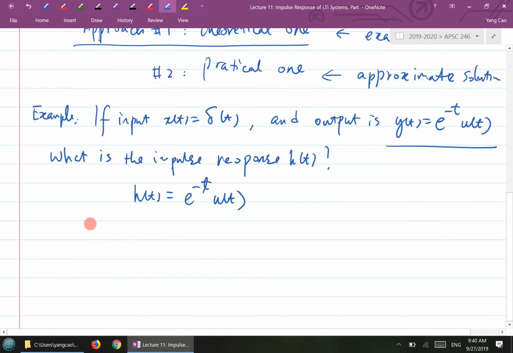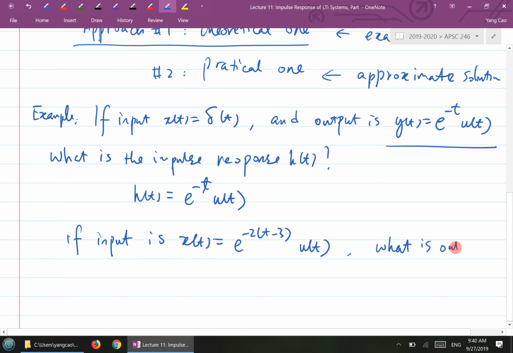Now, the second part of the question typically will be, if I change the input to something else, this time x of t equal to this one, an exponential decay function times u of t, what is the output? Exactly.